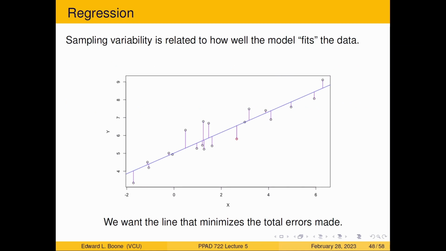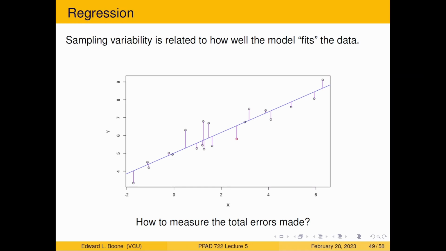So remember, our goal is to fit a line that has the smallest distance, or these errors, away from the data. So I have our data, we have these little errors, and we want the line that has the smallest distance or the total errors made. So what we're going to do is, how do we measure it?